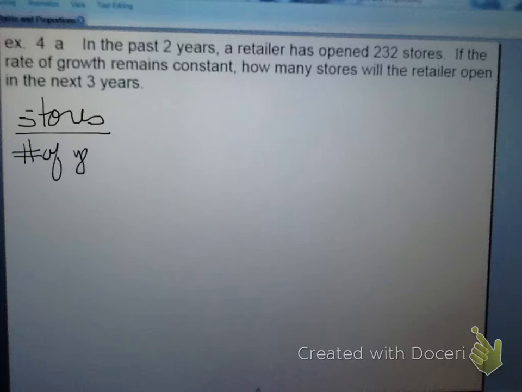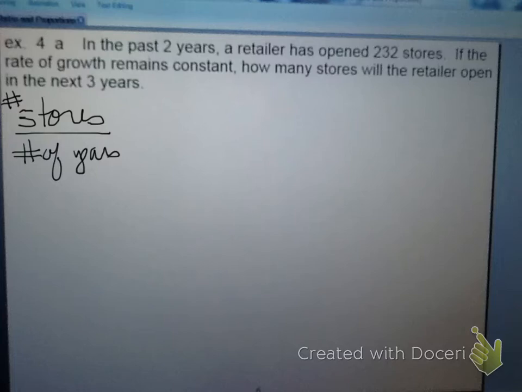And it is very helpful to always write your little formula of what your proportion is going to be. That way you'll make sure that you put the number of stores up top and the number of years on the bottom. Or you could have done the number of years up top and the number of stores on the bottom. It really does not matter.